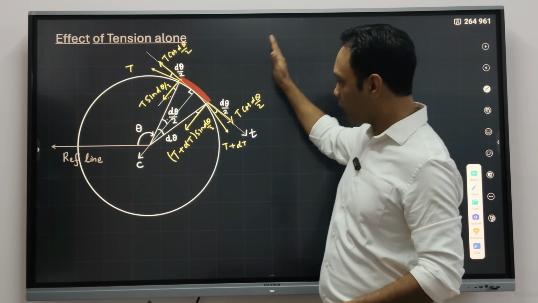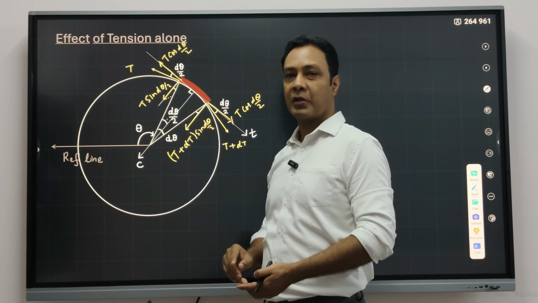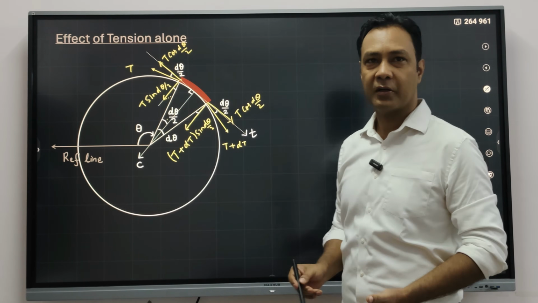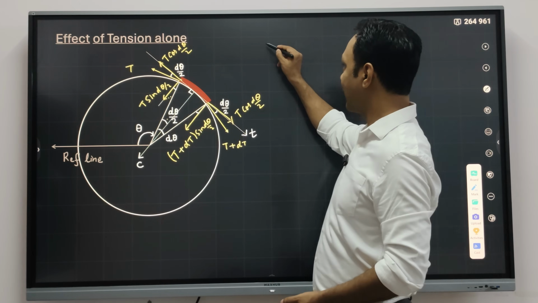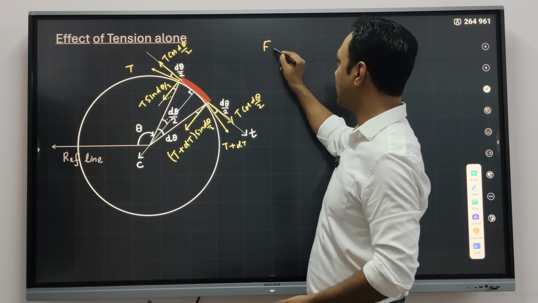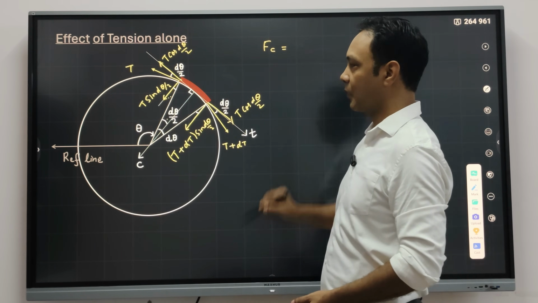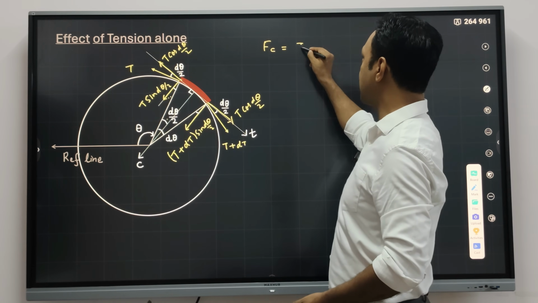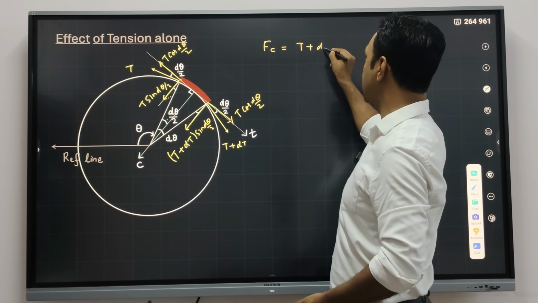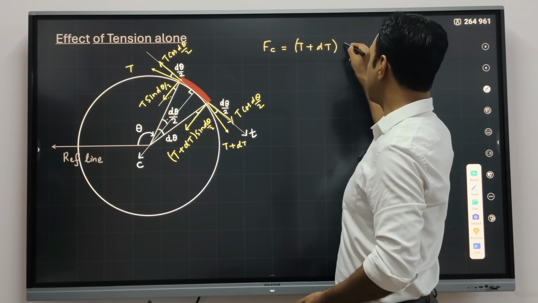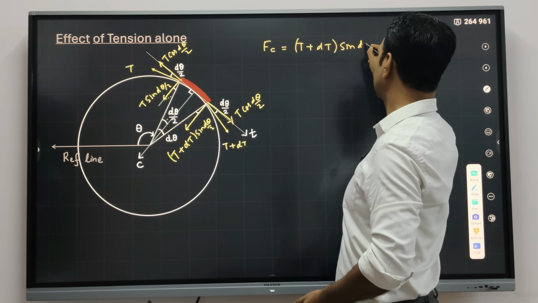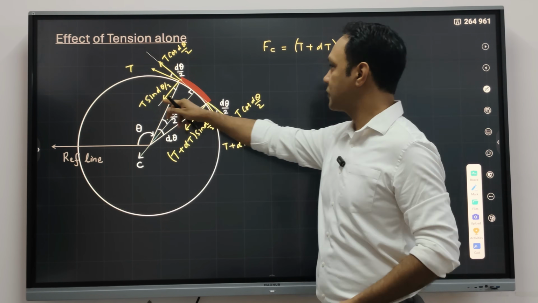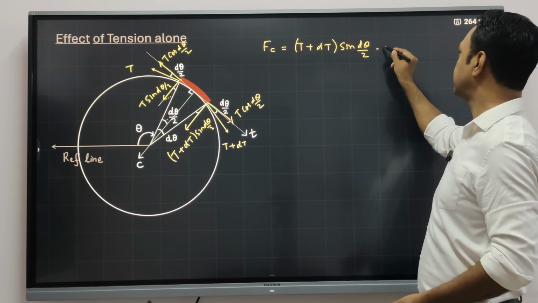So the resultant force towards the center and the resultant force along the tangential direction, that I want to write. So F along the centripetal direction would be the sum of this and this: T plus dT sine d theta by 2, and this is T sine d theta by 2.